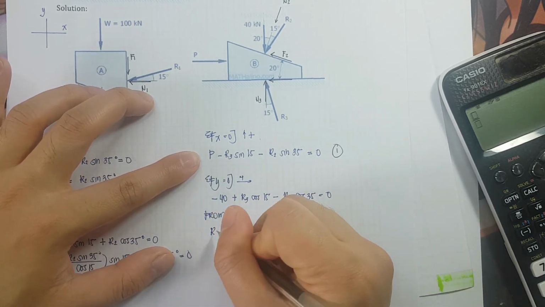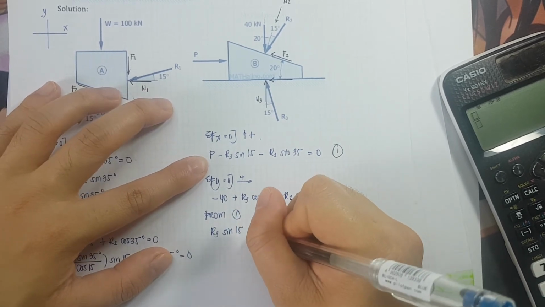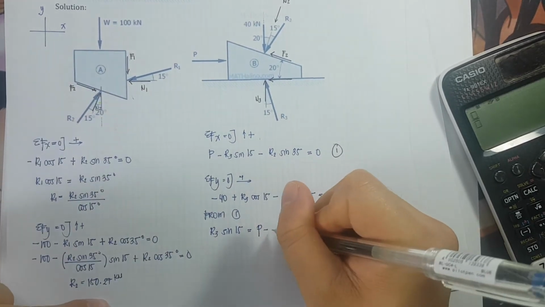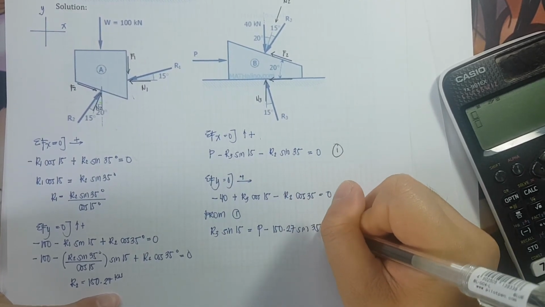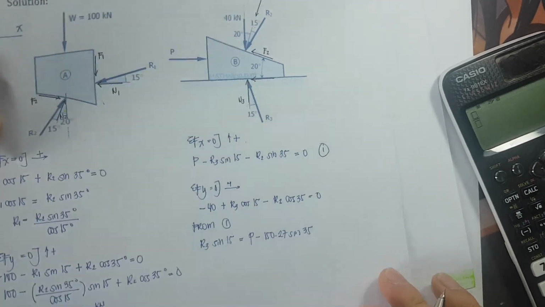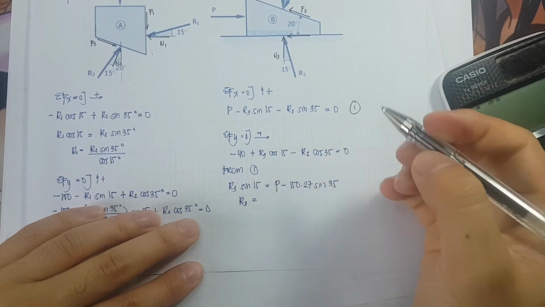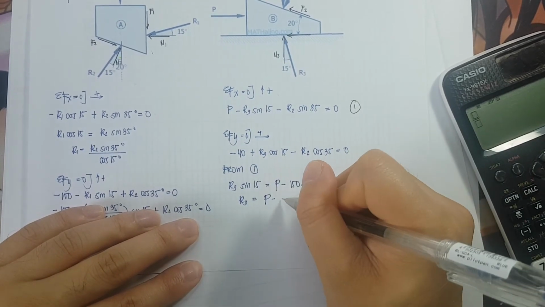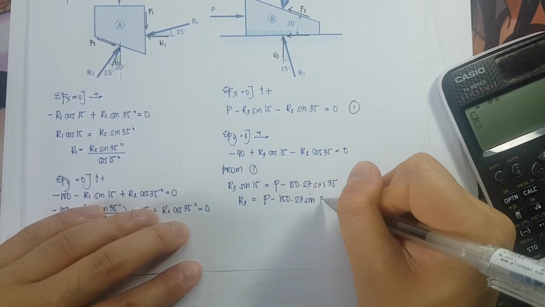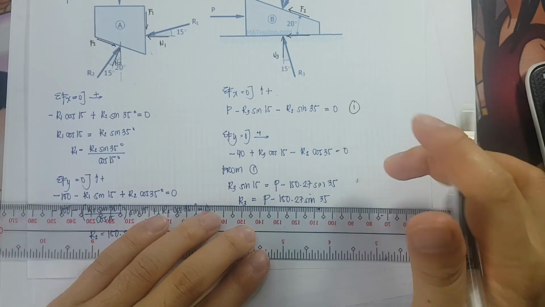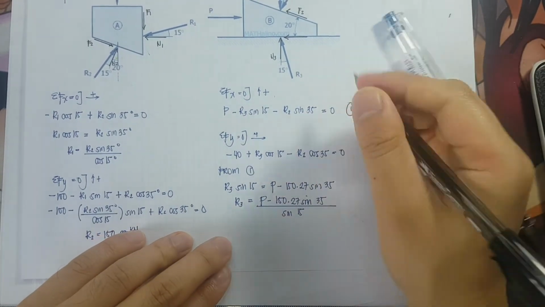We have R3 sine 15 is equivalent to P minus R2, 150.27 sine 35. Then R3 is equivalent to P minus 150.27 sine 35 divided by sine 15. And this is my equation number 2.